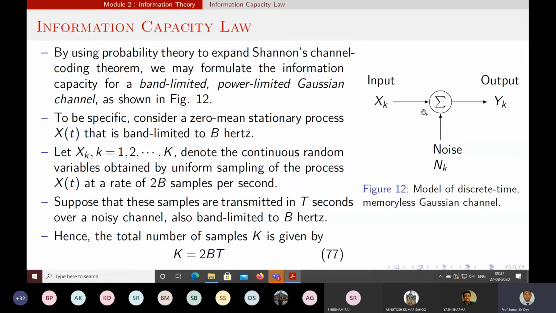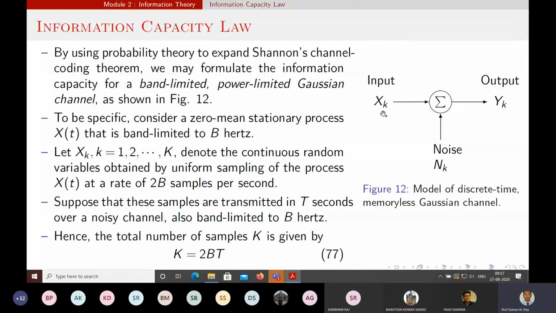Inside the channel there will be a noise, and that noise will be added to the input, and we will get the output y of k. x of k is the input, y of k is the output, and there is a noise n of k.